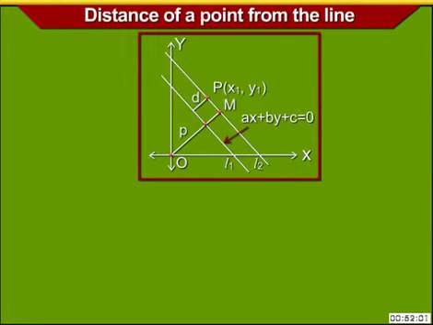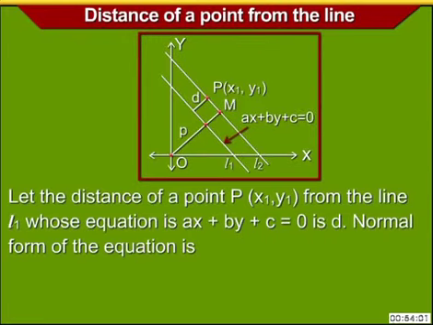We can make use of the normal equation in order to find the distance of a point from the line. Let the distance of a point P with coordinates x1, y1 from the line L1, whose equation is ax plus by plus c equal to 0 be d.